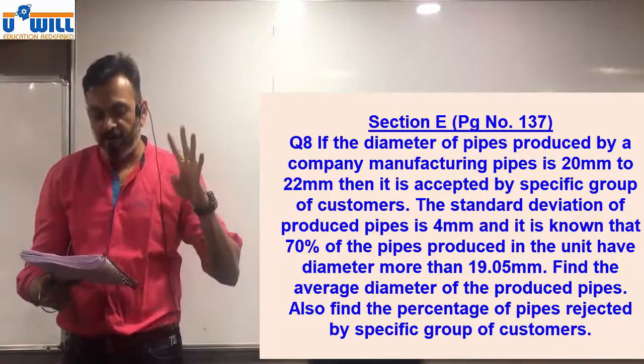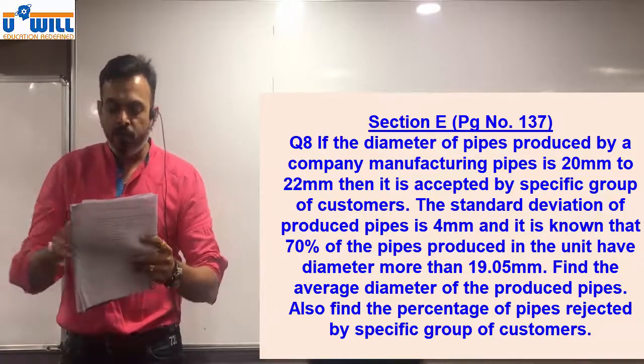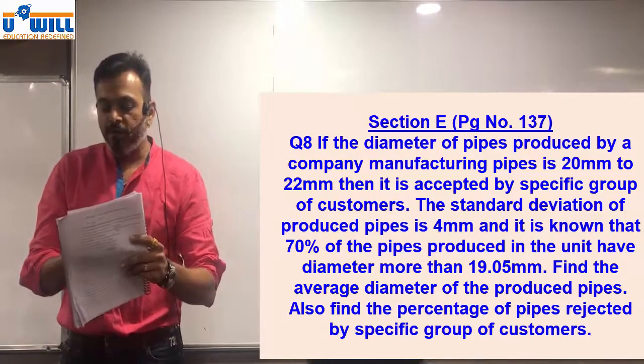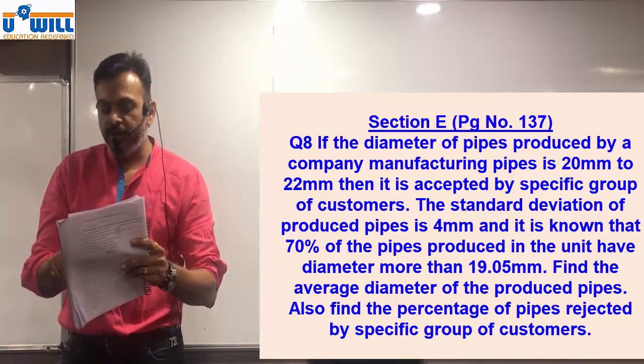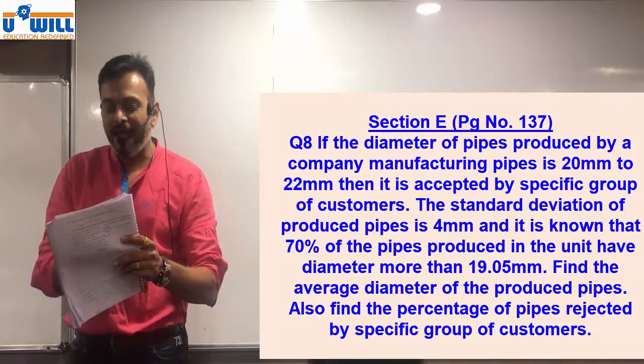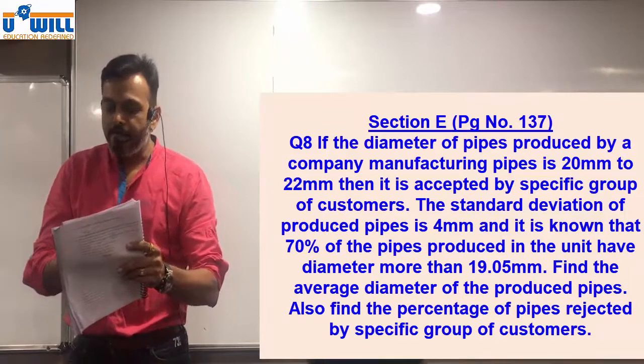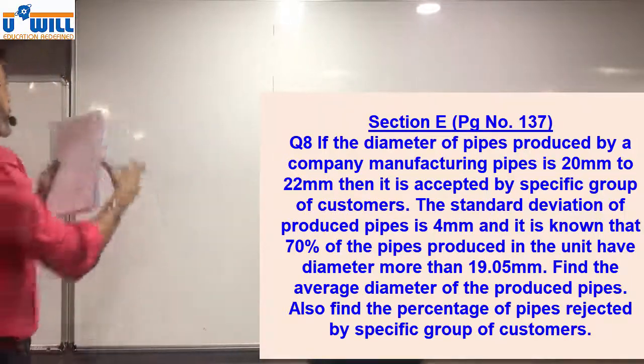Standard deviation is given as 4 mm, and also that 70% of pipes produced in the unit have diameter more than 19.05 mm. So first we write that.